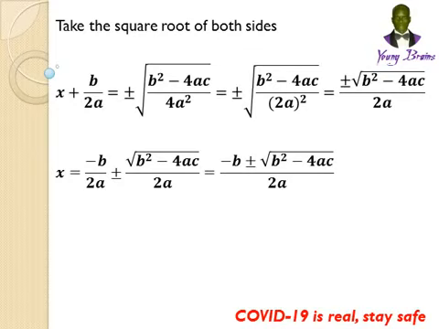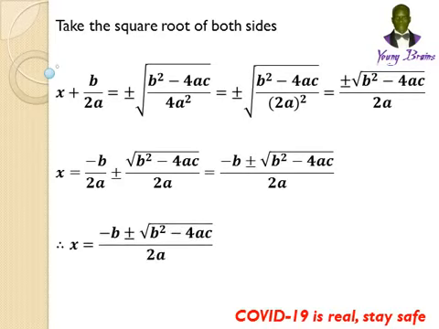Subtracting b divided by 2a from both sides, we now have x equals minus b divided by 2a plus or minus square root of b squared minus 4ac divided by 2a. Finding the LCM on the right hand side, we have minus b plus or minus square root of b squared minus 4ac divided by 2a.